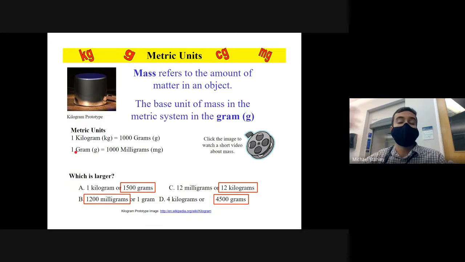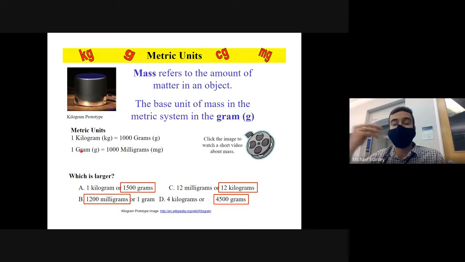And if we split something that weighed 1 gram up into 1,000 equal pieces, each piece would weigh 1 milligram. So if we put 1,000 milligrams together, we get a gram. Put 1,000 grams together, you get a kilogram. So a gram is really, really small and light in terms of its weight.